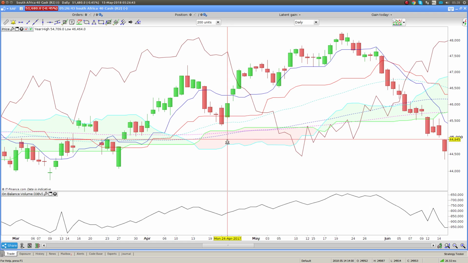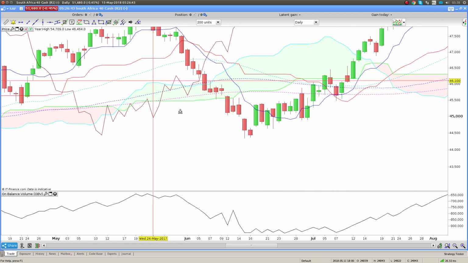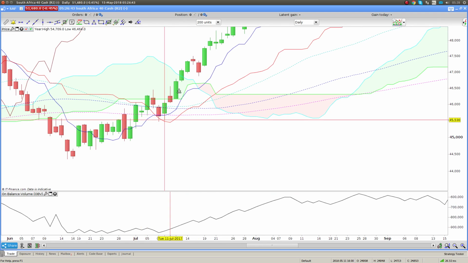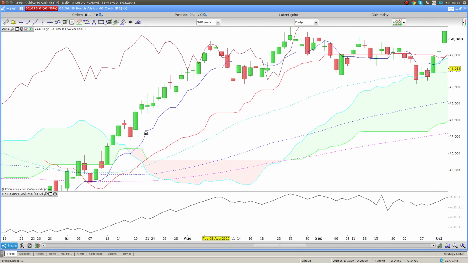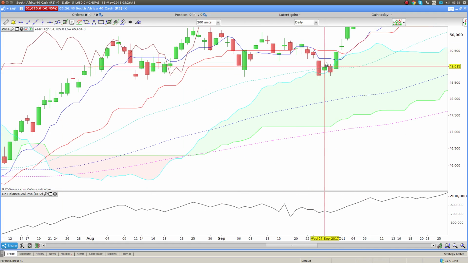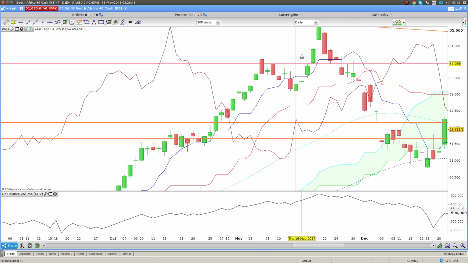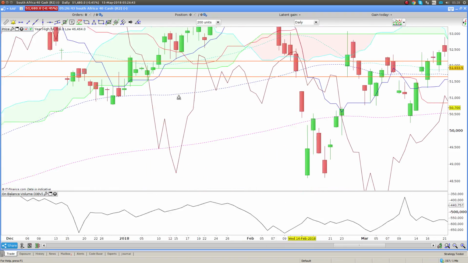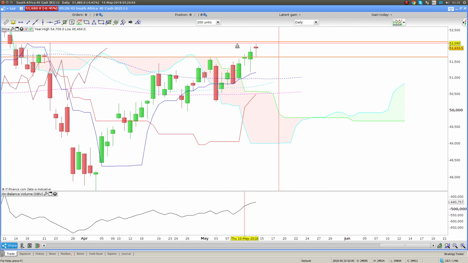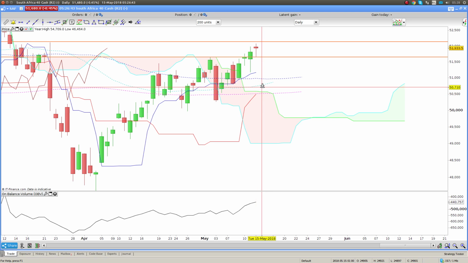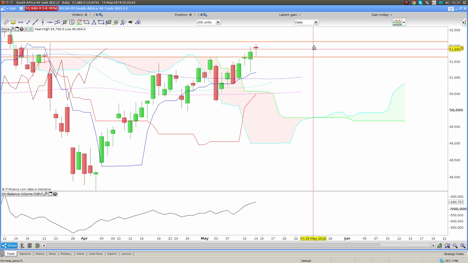So this is the second time, and then broke through the cloud again, and this is the third attempt at breaking through the cloud, and only then did we rally, and then come back to test the cloud, and then move to the upside. So price tends to use the cloud, especially on the daily, as an area where it finds support before it consolidates to move to the upside.